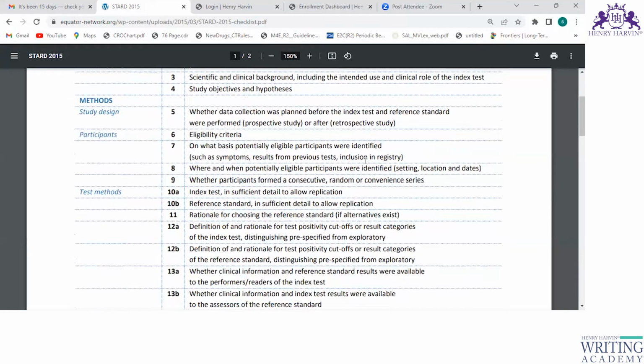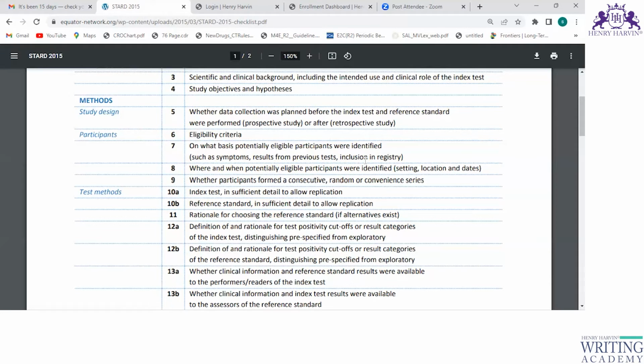In the method, you mention whether the study is prospective or retrospective. A prospective study means we include participants without knowing whether they are suffering from the target condition, then we conduct the index test or reference standard test, and then it is confirmed whether the target condition is present or not.